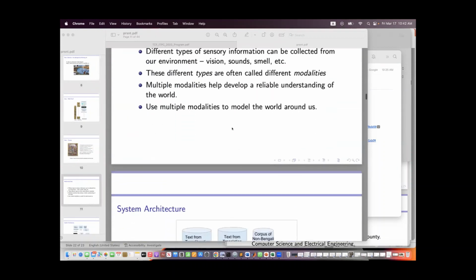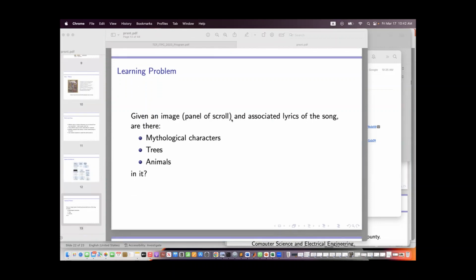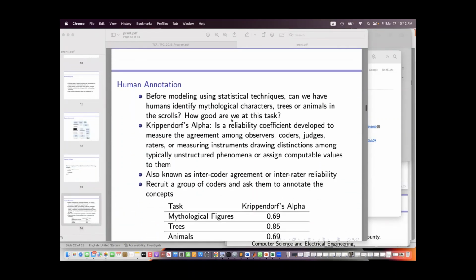So some of the concepts that we are trying to learn from these scrolls, as well as the associated text and lyrics of the song, are mythological characters, trees, or the presence or absence of animals in a given scroll. And to elaborate on that, we did employ a lot of humans to actually do annotations for us.